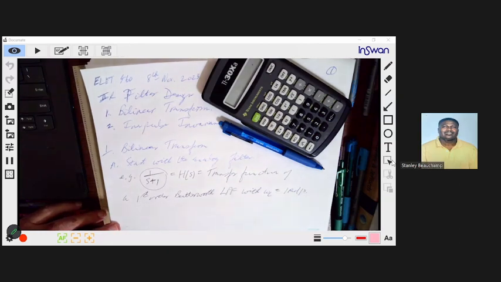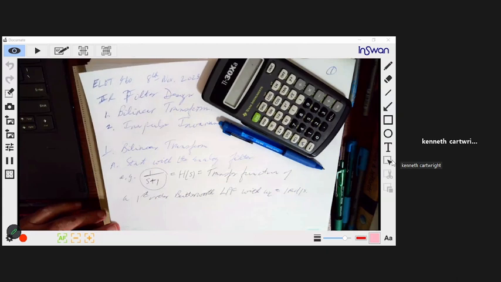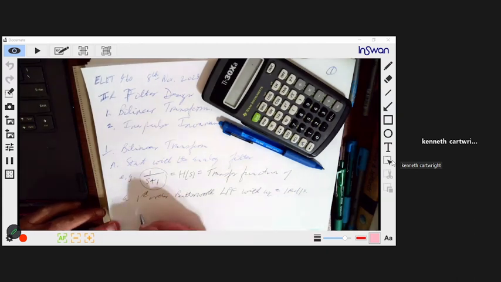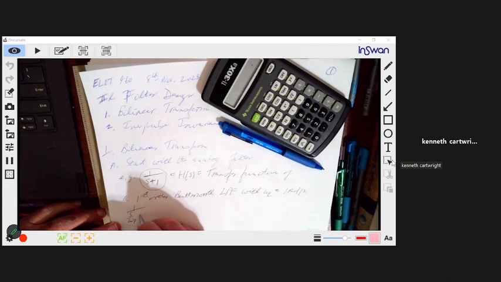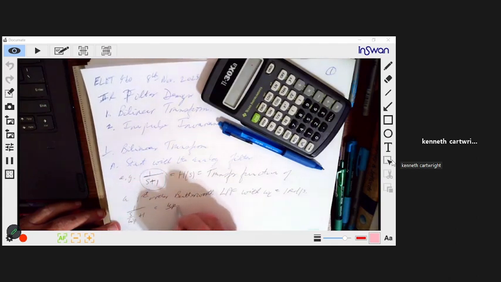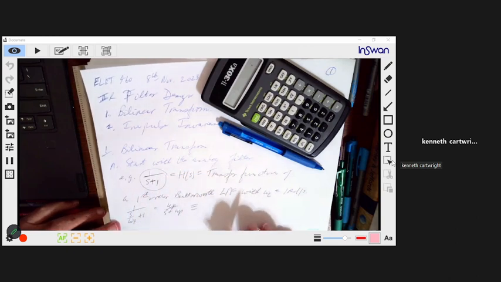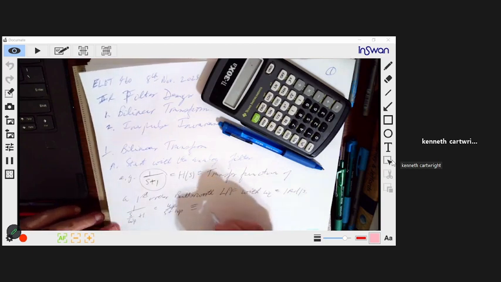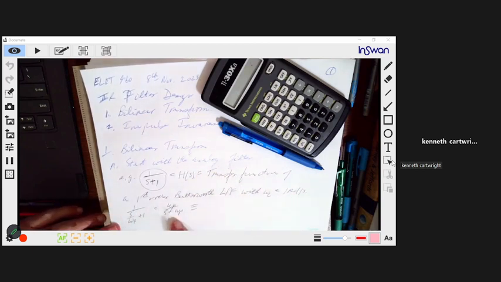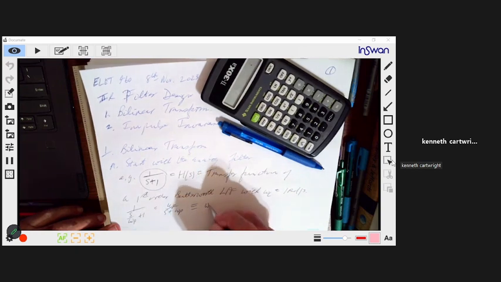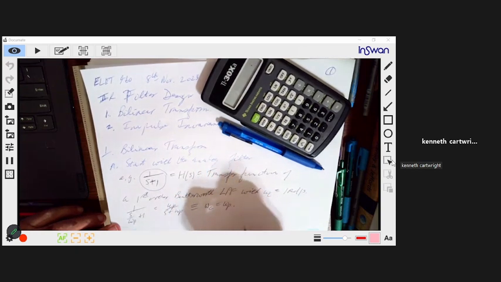With 410, we replace s with s over omega C over omega P. Yeah, okay. So 1 over s over omega P plus 1 is omega P over s plus omega P. And this is the same thing here, a first order Butterworth low pass filter, but now omega C equals omega P.